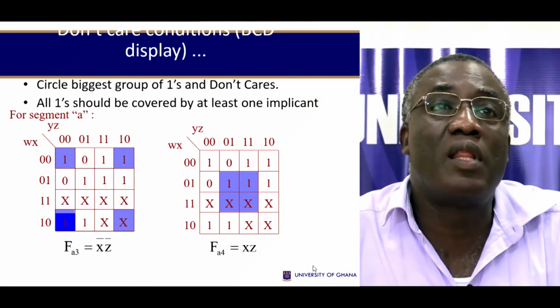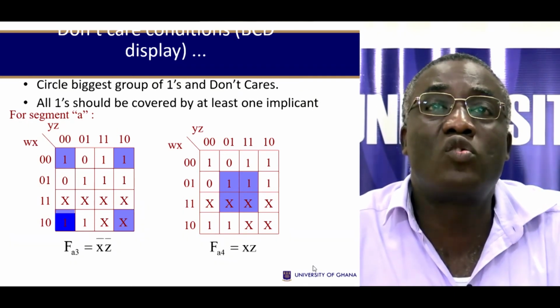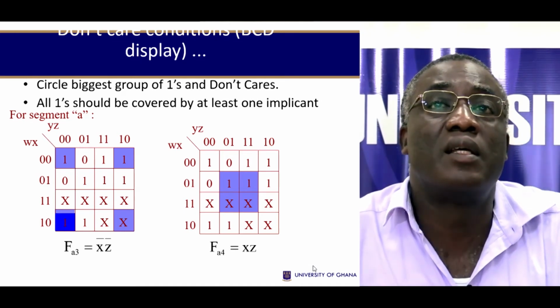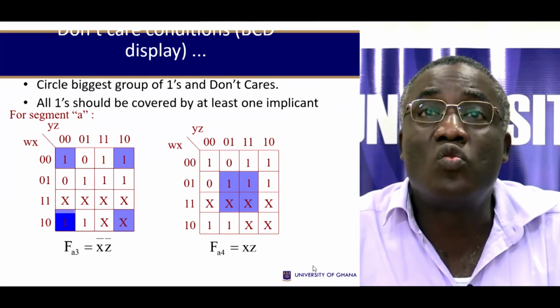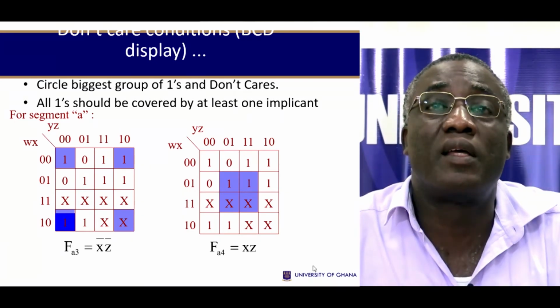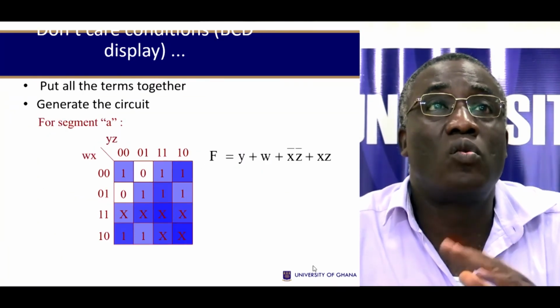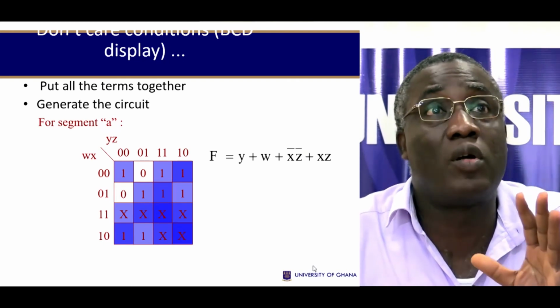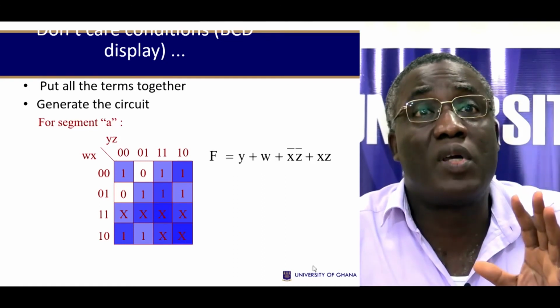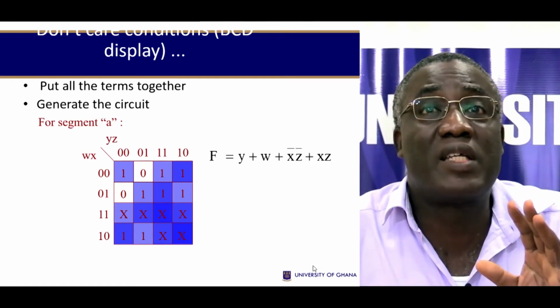And then for this one here, you can actually minimize it using these X's. And then, of course, you see these 2 here, you can also group all of those together. So this is something for you to think carefully about. You can put all the terms together and then get your F function for just an A segment.